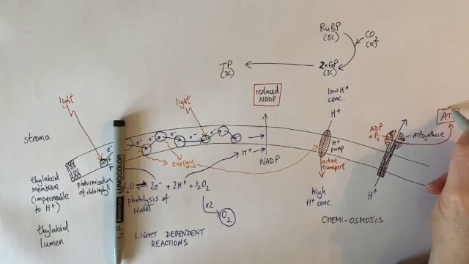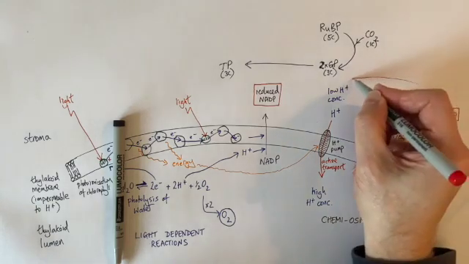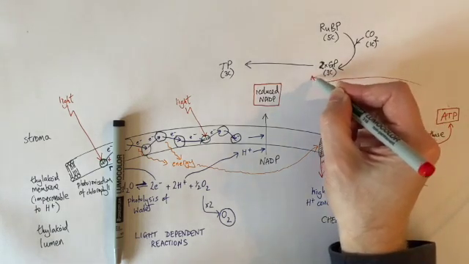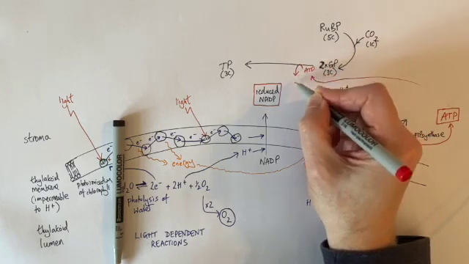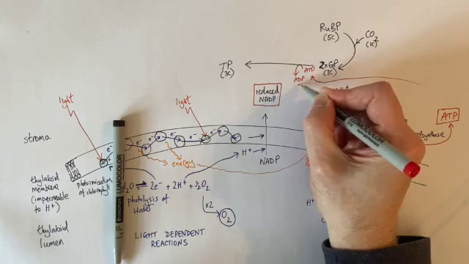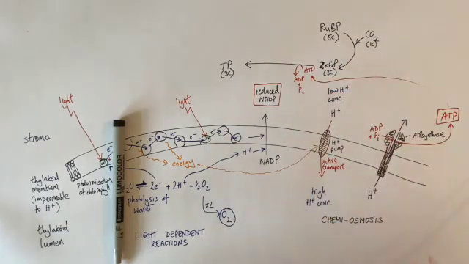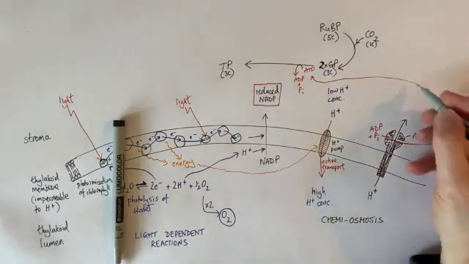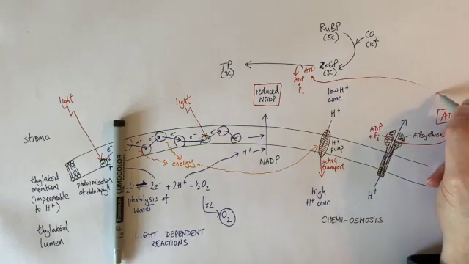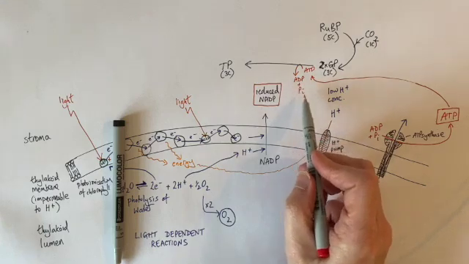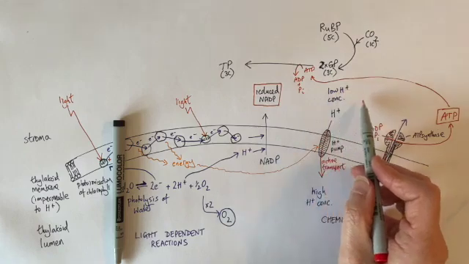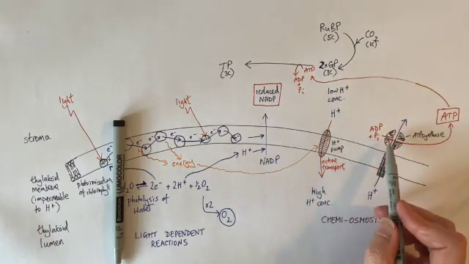It needs ATP, and ATP breaks down into ADP and an inorganic phosphate, to release energy for that process to take place. And you can see that these are now released and floating around in the stroma, and these could go all the way back to here and be used again.